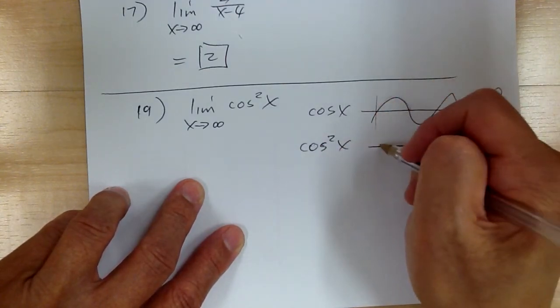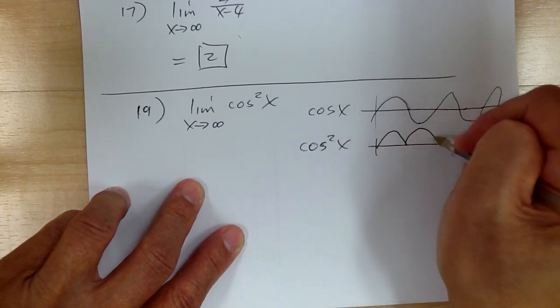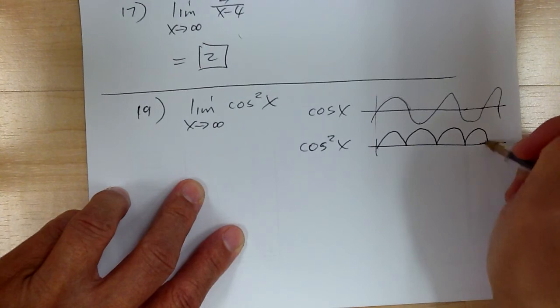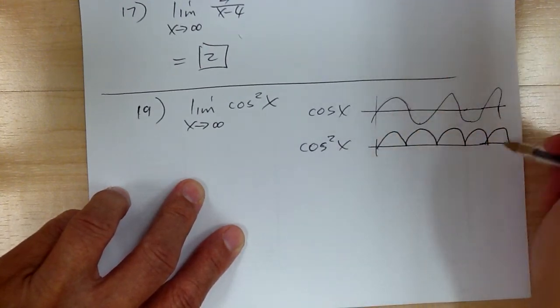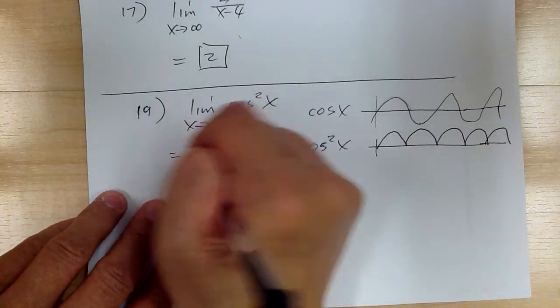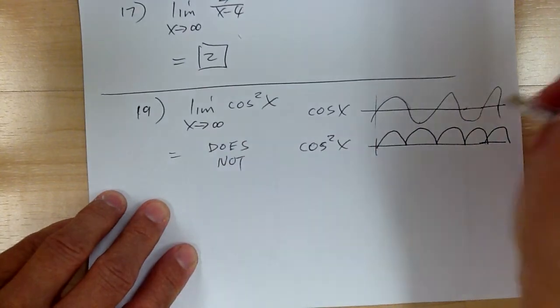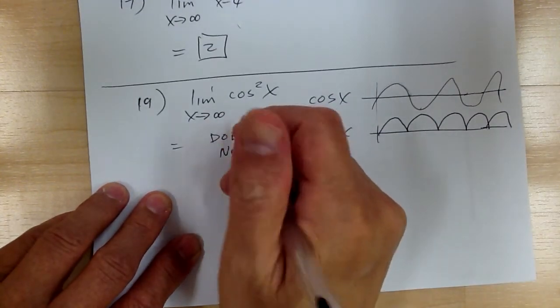The positive, you just keep the same thing. The negative, when you square, becomes positive, so it becomes like this. But again, the value goes up and down, it does not approach a certain fixed value. So the limit does not exist because it goes up and down and does not get a fixed value.